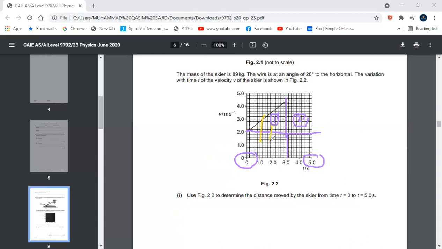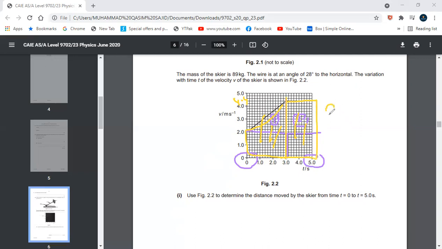The height of the triangle is 2.4, and the base point is basically 4.4, because every block is 0.2. This is my first region, and this is my second region.